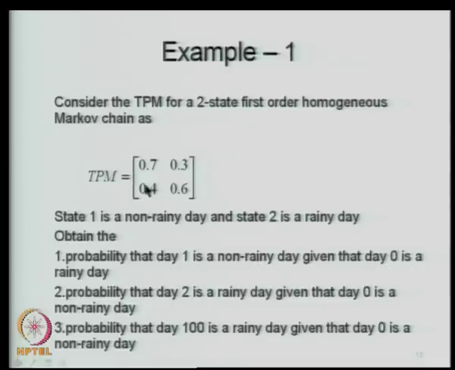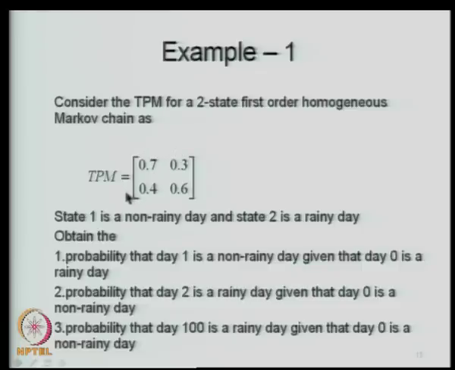What does this transition probability matrix give? It says state 1 which is a non-rainy day. So, here you are non-rainy and rainy. So, day 0 is rainy. So, you are here now. What is the probability that day 1 is a non-rainy day? So, this is non-rainy and this is rainy.